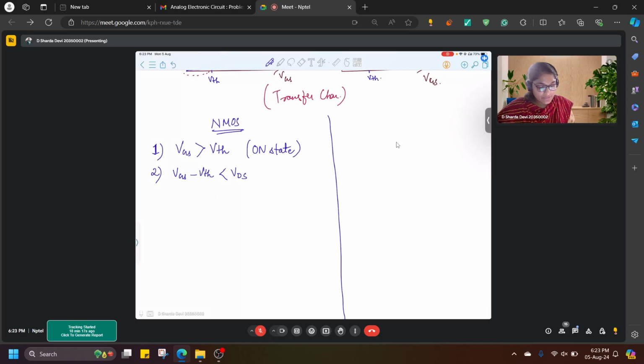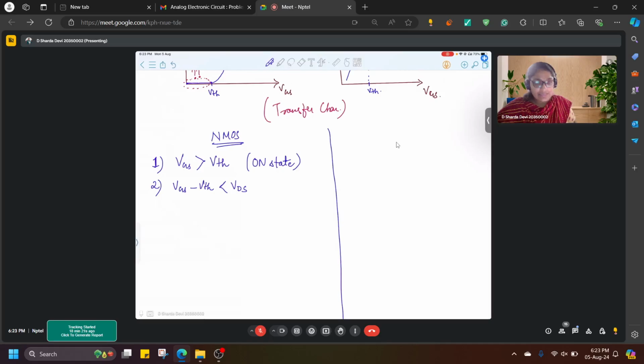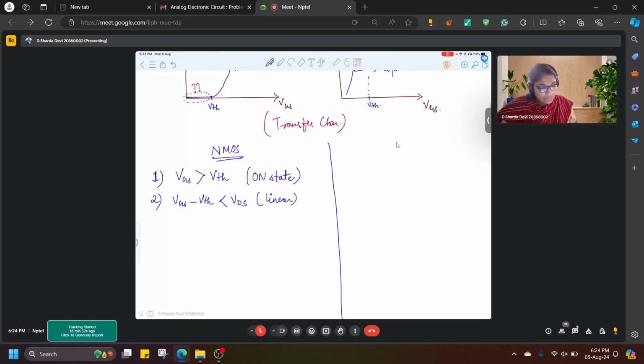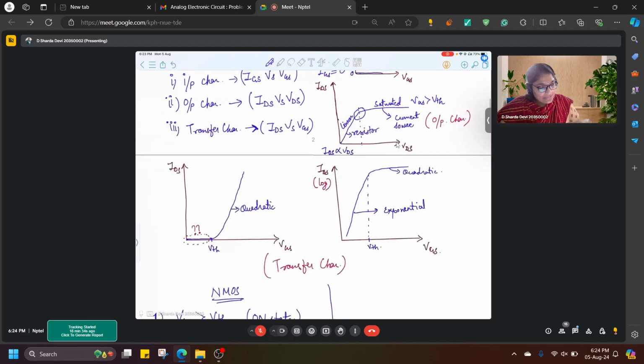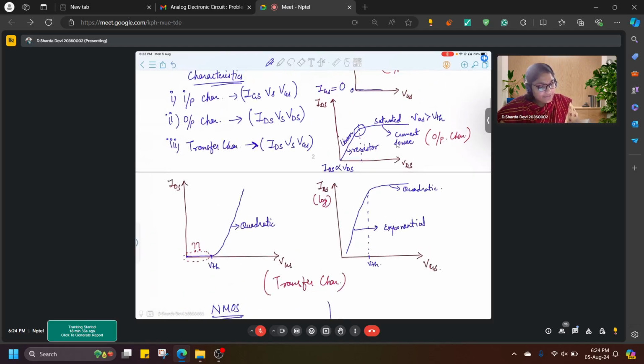So this is somewhere from transfer. Okay. So this is the relation between the input terminal parameter and the output terminal parameter. So in this case, we call it linear. Now, this is the linear that we mentioned over here, right?